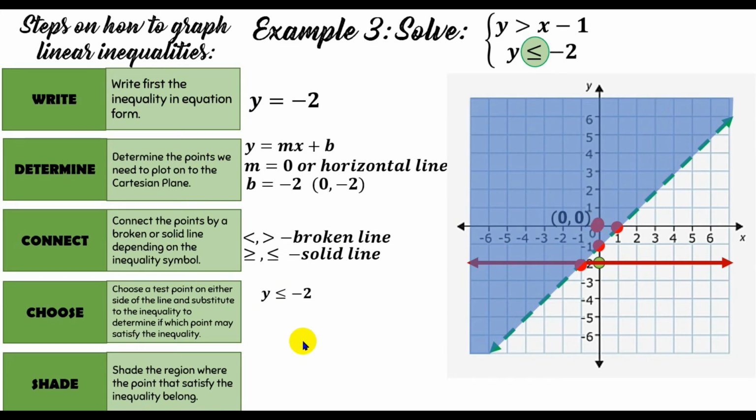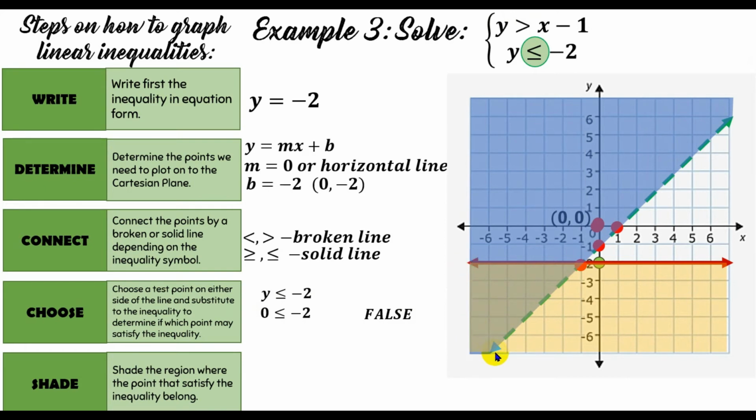So, ang y natin sa origin ay 0. 0 is less than or equal to negative 2. Mas maliit nga ba si 0 kesa kay negative 2? And the answer is false. So, dahil false po yon, ang shaded region natin ay yung hindi kasama ang origin at nandito siya sa lower region. Now, this is our graph for the third system of linear inequality.